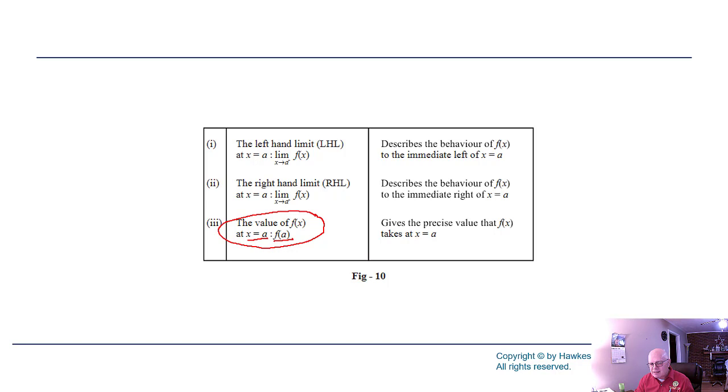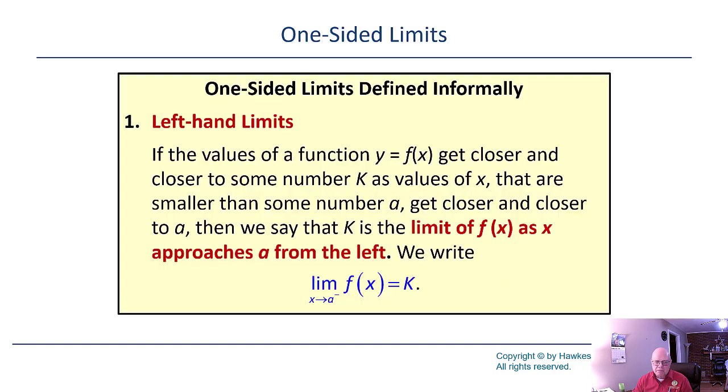From the right-hand side, that's coming from the right toward the left, toward x equals a, what is your y value getting close to? It might or might not be the same as from the left-hand side. And one of them might not even exist. But we're starting with something relatively simple, coming from the left or coming from the right.